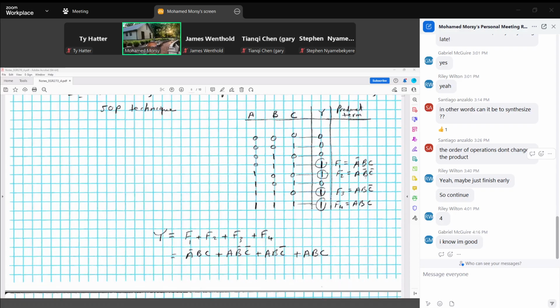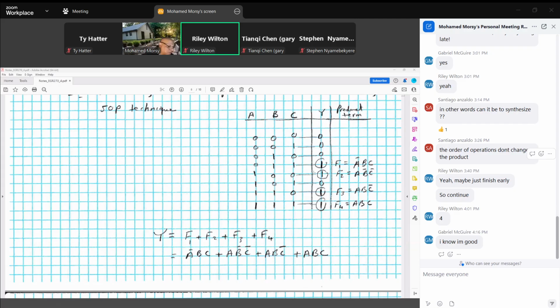Okay, thank you. The second one. Anyone tell me, what is the product term corresponding to this one? A, B inverted, C inverted. Thank you. What's your code, sir? 31.